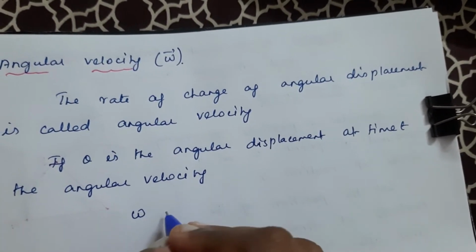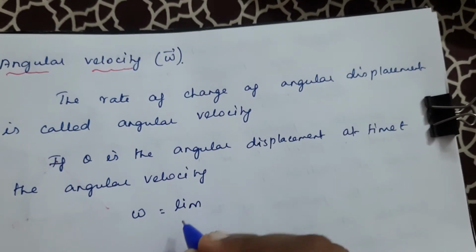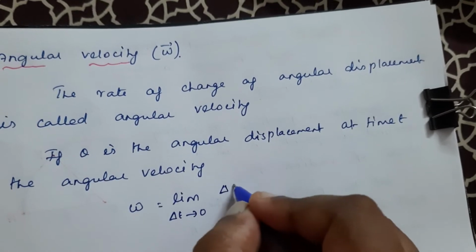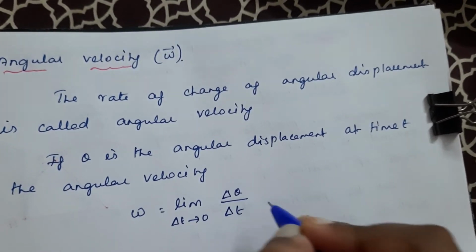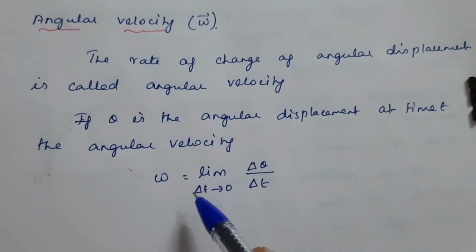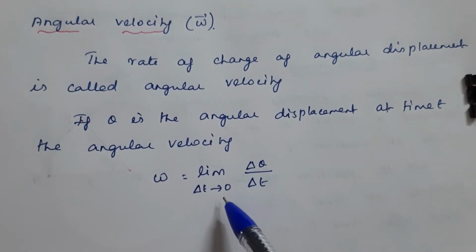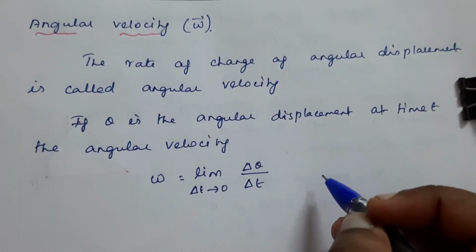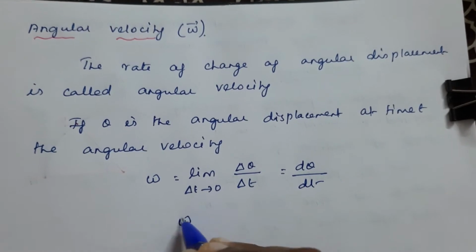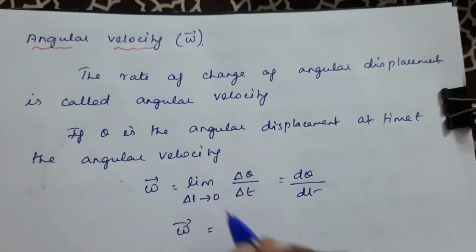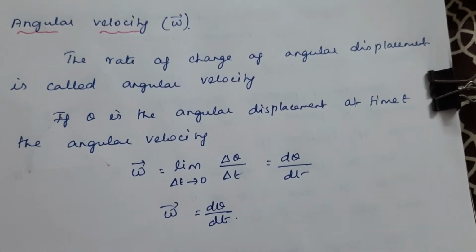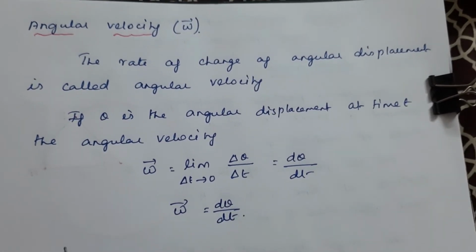omega is equal to limit delta t tends to 0 delta theta by delta t. So this is at a particular time. Which can be written as d theta by dt. So omega vector is equal to d theta by dt. Now what is the unit here?